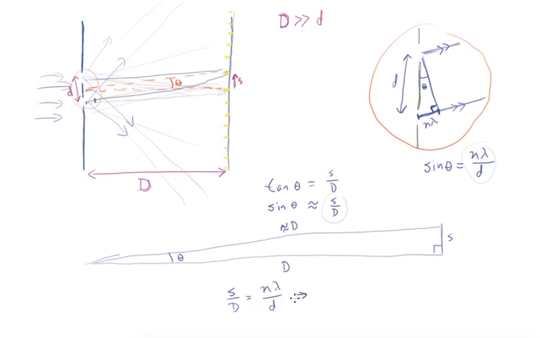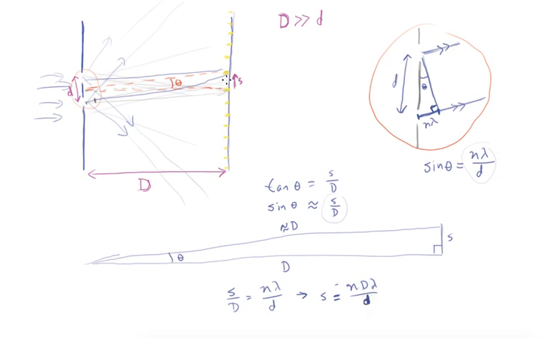You can do a little quick rearranging to get that the distance up, how far up you have to move from the center of the screen to get to the first bright fringe, is then equal to n D lambda over, not over S, over little d.